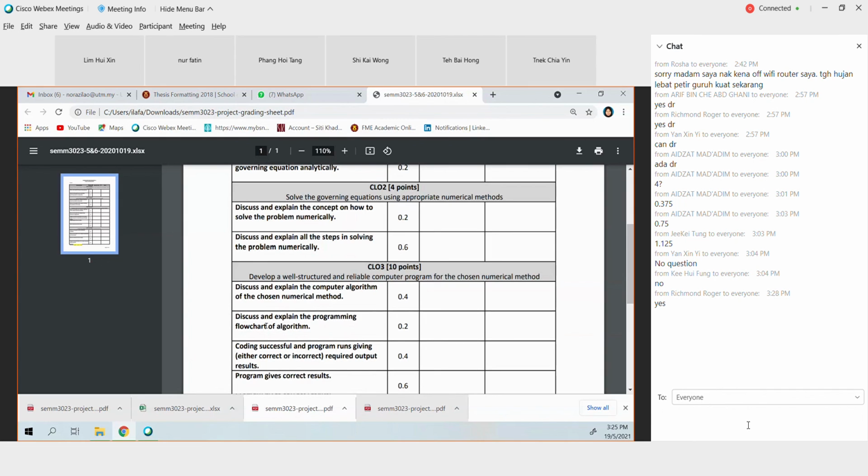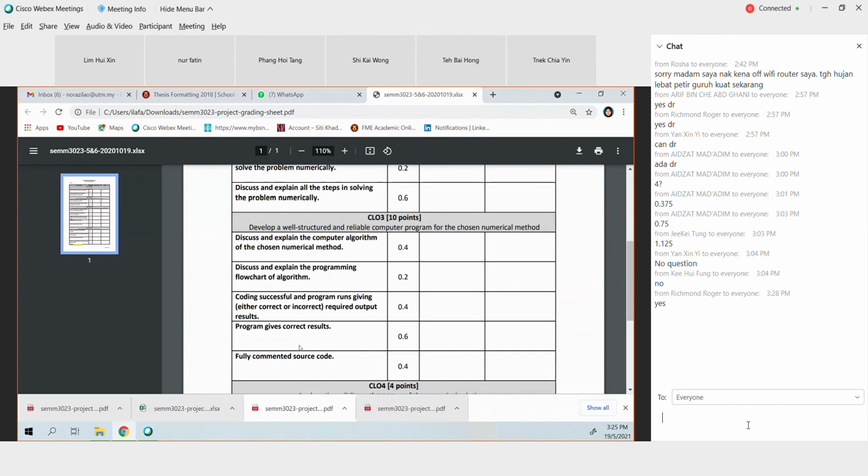And then you must discuss and explain the programming flowchart. Okay, make your own flowchart properly. I believe that you already learned during your Programming for Engineers how to do your flowchart and so on for solving problems using programming, right? And then the coding must be successful and the program must run, able to produce any kind of output.